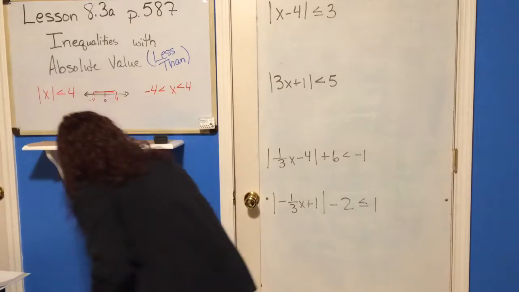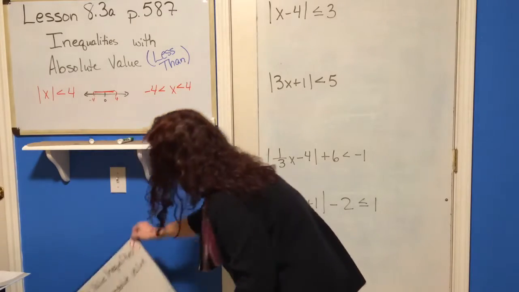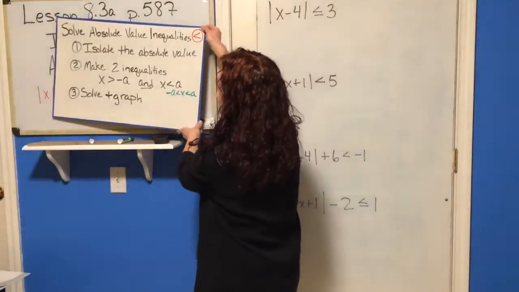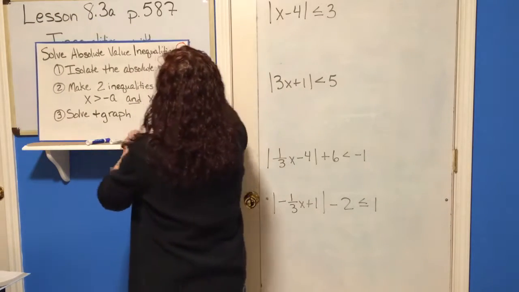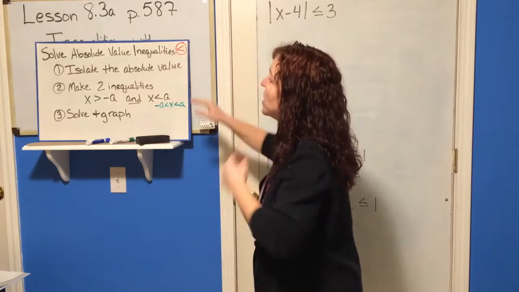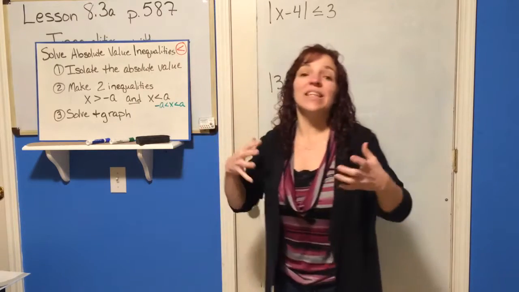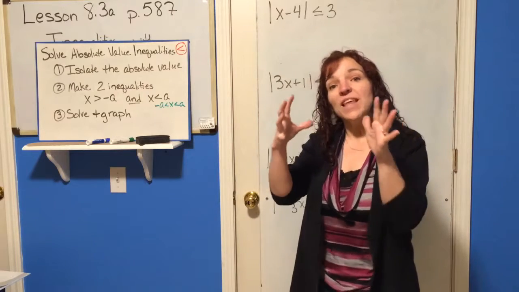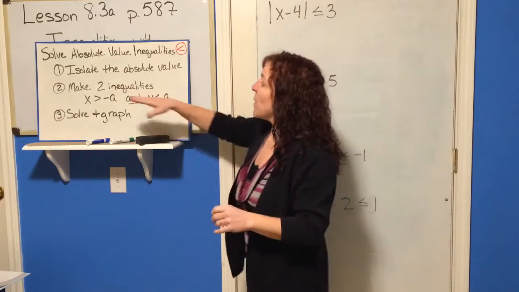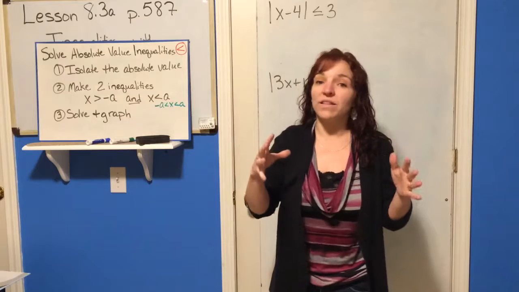What we'll do is this. When you solve an absolute value inequality with a less than sign, now it has to have less than in order for this to work. The first step, again, is to isolate the absolute value. You've got to get the absolute value by itself. Once you get that absolute value by itself, then you're going to make two inequalities.